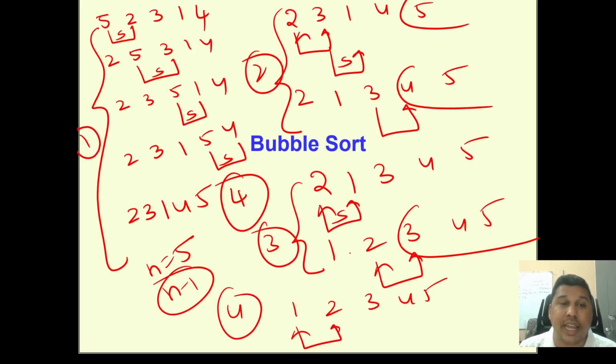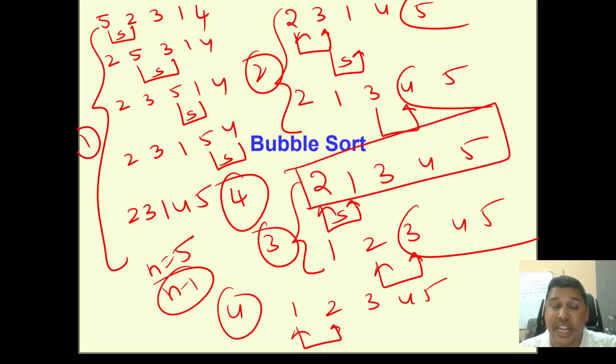And I am talking about some very important MCQ-based questions, right? What is this MCQ-based question here? One thing I told: after 2 iterations, what is the state of the array? This is the state of the array after 2 iterations. The next question, which is very popularly asked in exams, is how many swappings have you done?